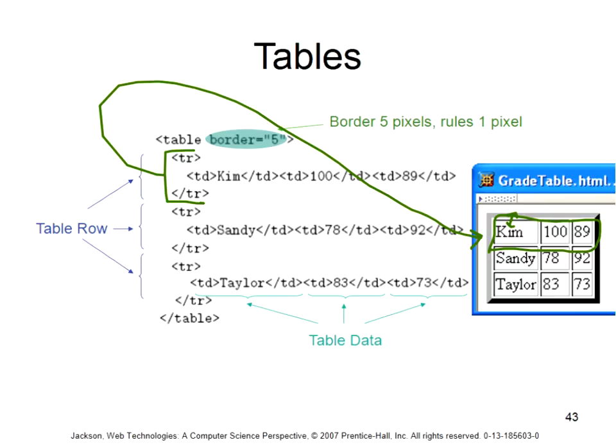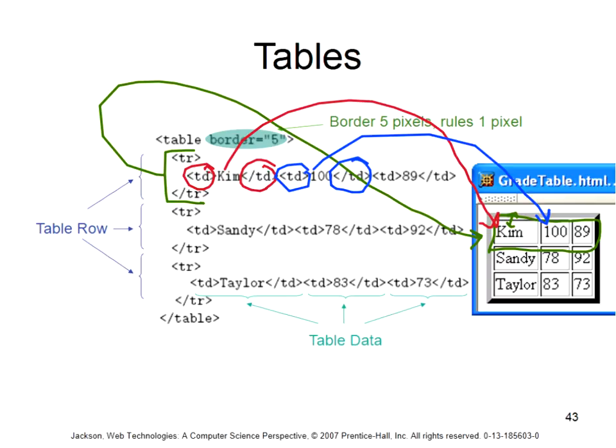After that, td and closing td represents the first column of this line. In our case here, Kim. The second td represents the second column. In our case, 100. After that, the third td represents the third column.